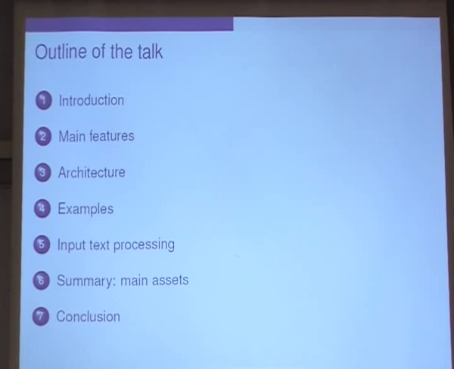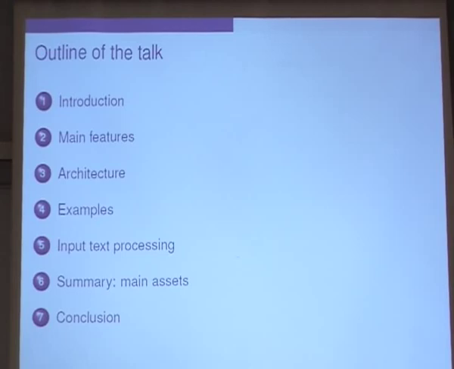Then it might be interesting for you how the input text is processed through the whole sequence of modules. Then I'll summarize the main assets, the main tenets of the talk, and then we shall conclude. And then I hope there will be a long, interesting discussion, because there is a plethora of problems which should be discussed, I think.